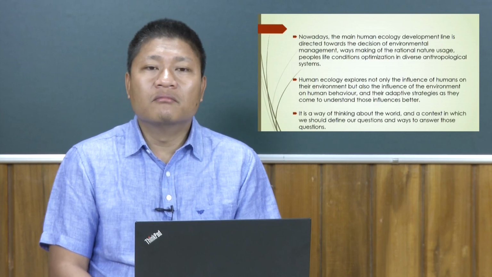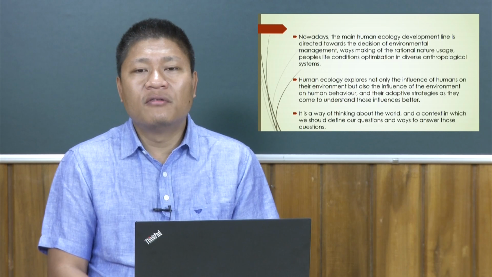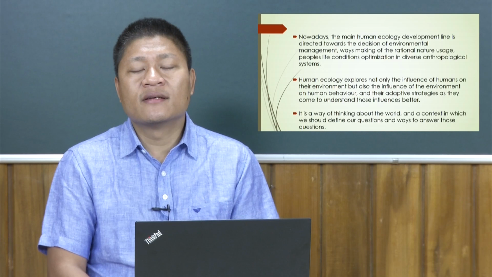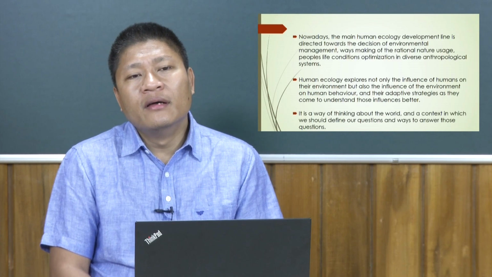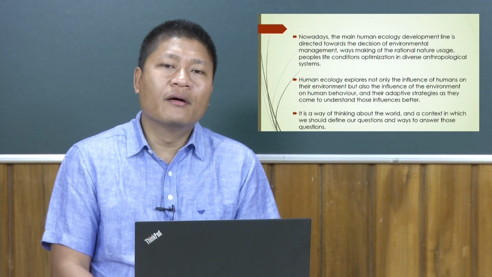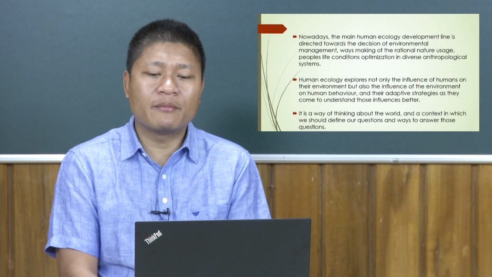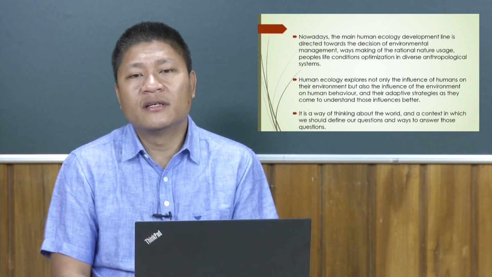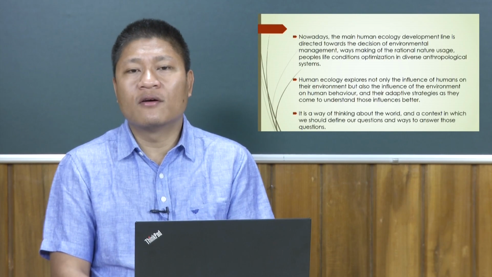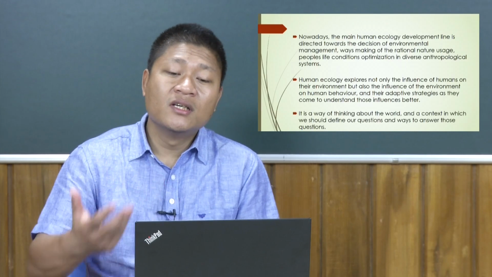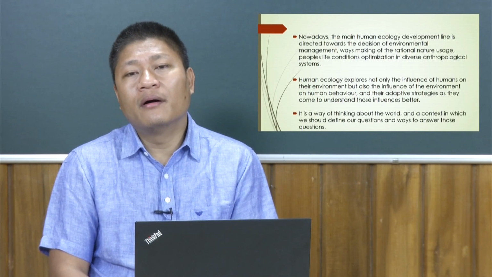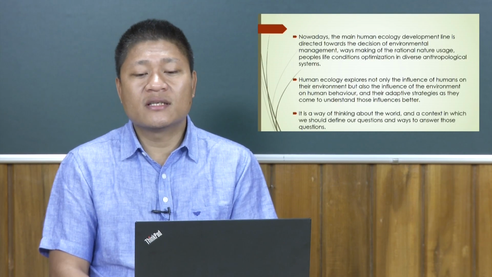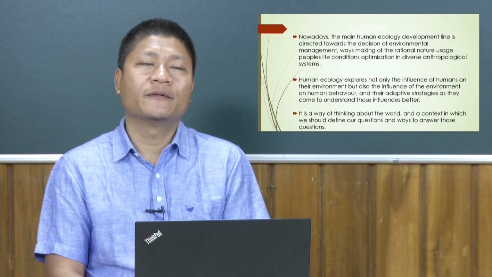Now, the food habits, the kind of dress, or maybe the kind of socio-religious practices which humans have is being in a sense influenced by the environment system, and through this humans come up with adaptive strategies or adaptive mechanisms in order to manage or make sense or adjust with these influences in a much better way.